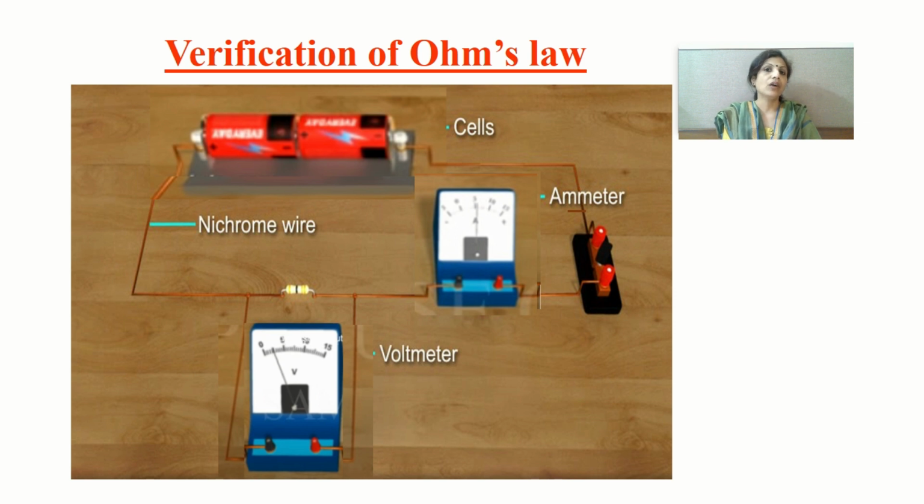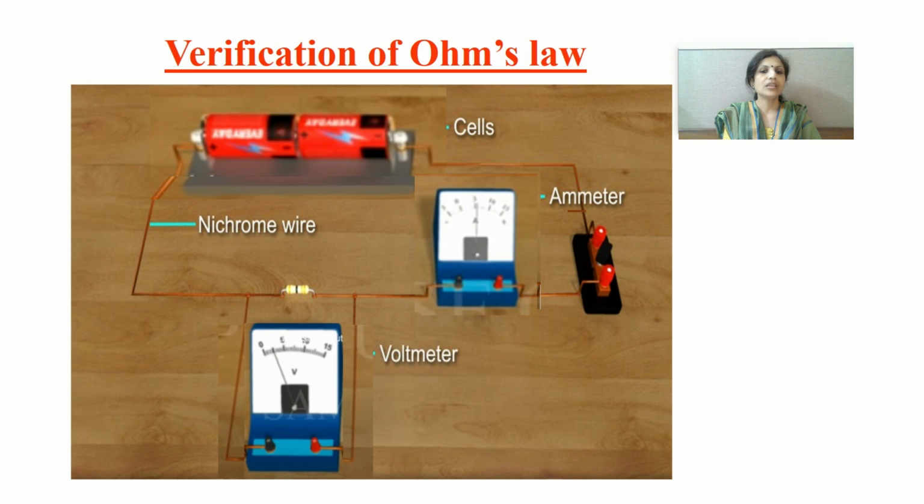Let's connect now 3 cells here. What we are doing is increasing the potential difference and looking at the value of current in the circuit. So we have observed that when there is one cell, the current is some value. When you increase the potential difference by connecting two cells, the current is increasing.